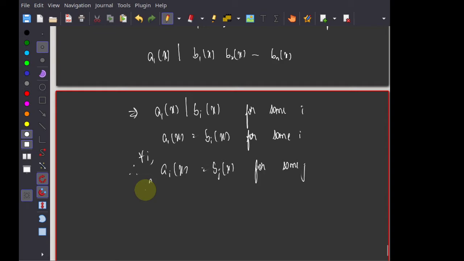The coefficients can be complex, right? If it's a real polynomial, then it has to have a conjugate root. But in this case, every polynomial with complex coefficients has a complex root. So of course, all degree 1 polynomials are always irreducible.